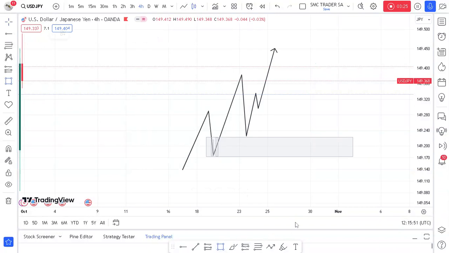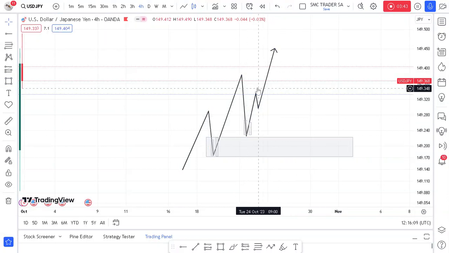So let's just say now we are at this area. We have these selling candles here, and we have this buying candle. Let's say maybe it was half like this.